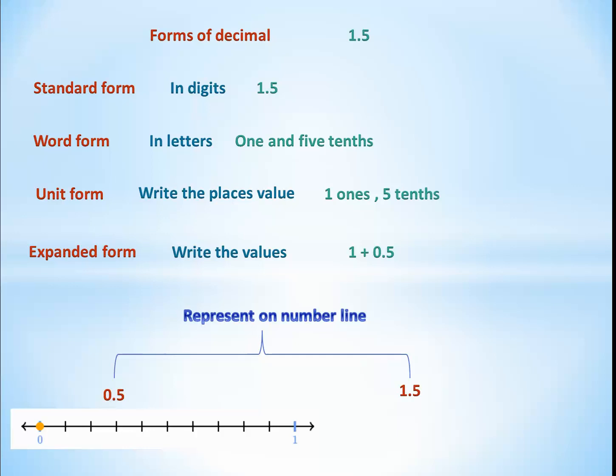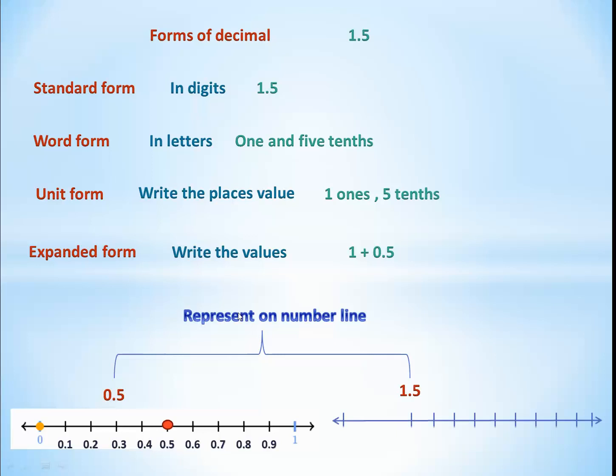Here we are going to write 0.1, 0.2, 0.3, 0.4, 0.5, 0.6, 0.7, 0.8, 0.9. So 0.5 is here, so we are going to put a black dot.